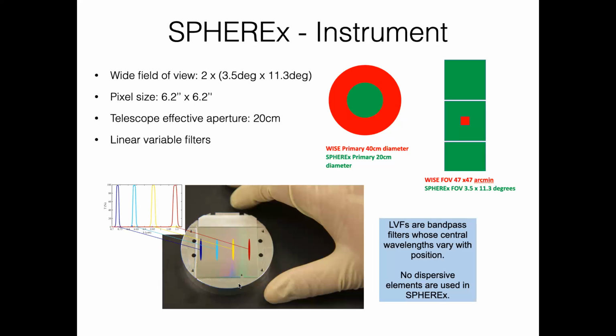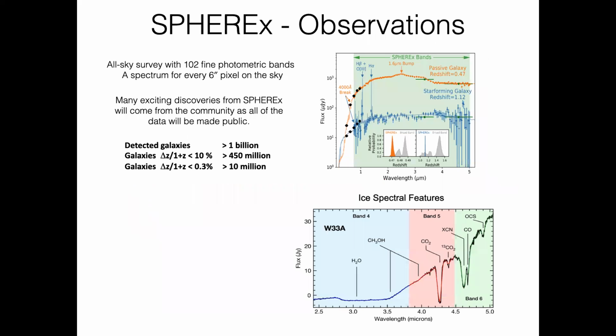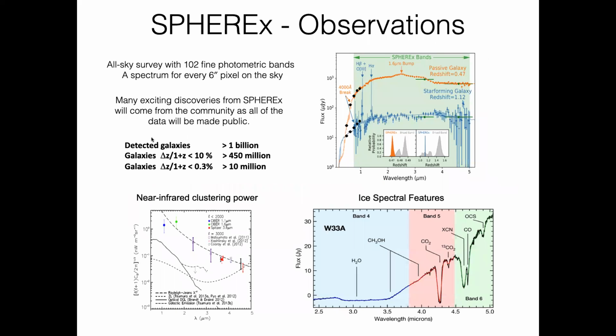So SphereX dithers in space as it looks at, say, galaxies, and lets different wavelengths fall onto all of these elements to get the full range of the spectrum. Basically we have an all-sky survey with 102 fine photometric bands, and we end up having a spectrum literally for each 6 arcsecond pixel on the sky.